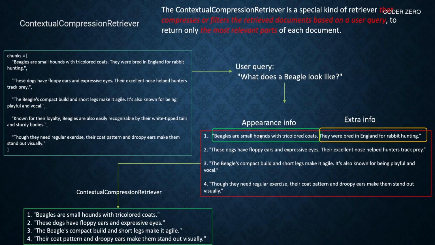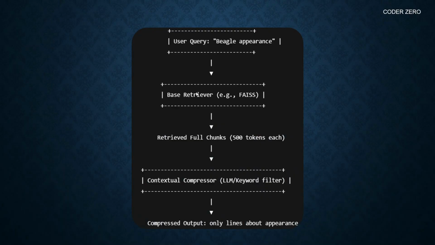So from these kinds of results, we'll be having this: beagles are small hounds with tricolor coats. So we are keeping only the information that is relevant to appearance. The pipeline for this contextual compression retriever will be something like this.